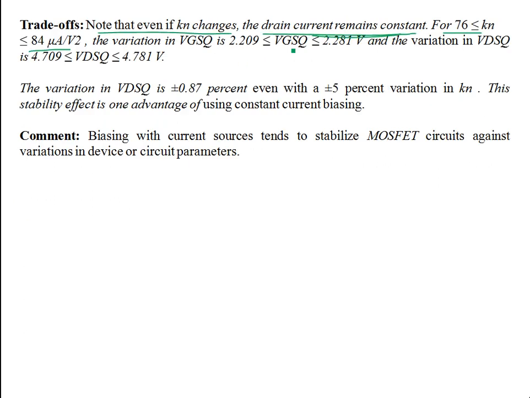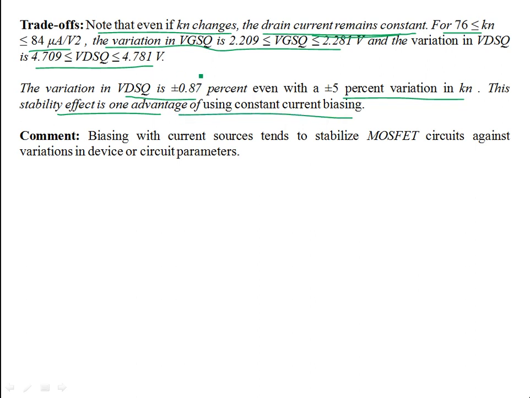With this variation, the variation in VGSQ comes out to be about 2.209 to 2.281 volts, and the variation in VDS is about 4.7 to 4.781 volts. Again, these are small variations. As a percentage, VDSQ varies 0.87% of nominal value, against the percentage variation of Kn. So this stability effect is one advantage of using constant current biasing.